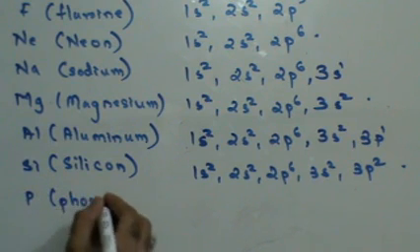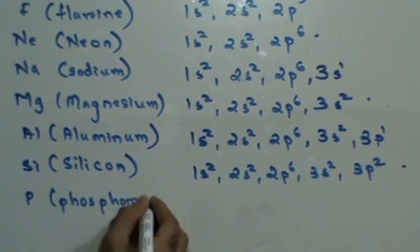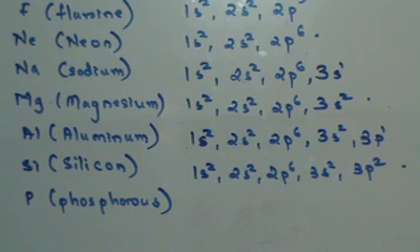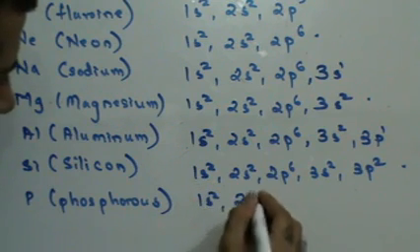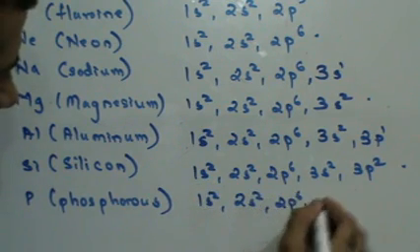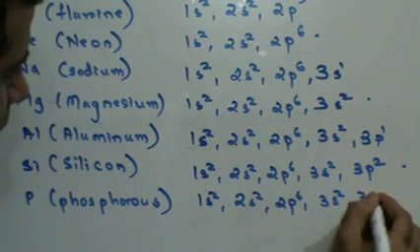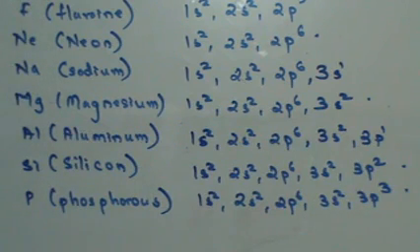Phosphorus. 1s2, 2s2, 2p6, 3s2, 3p3. Next, after phosphorus, let's consider sulfur.